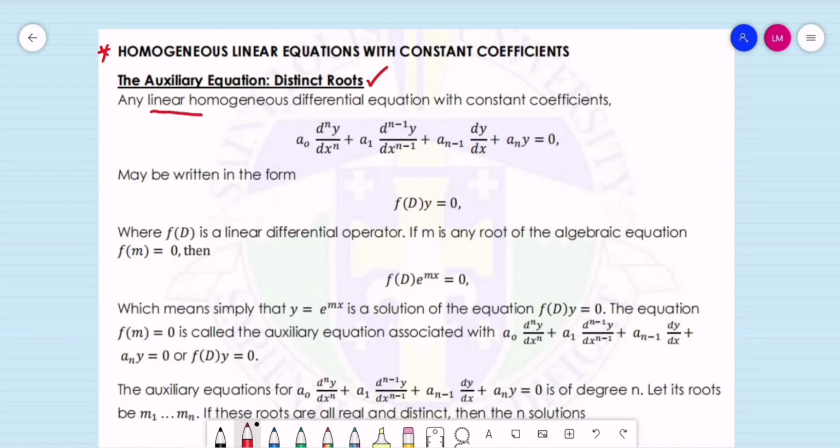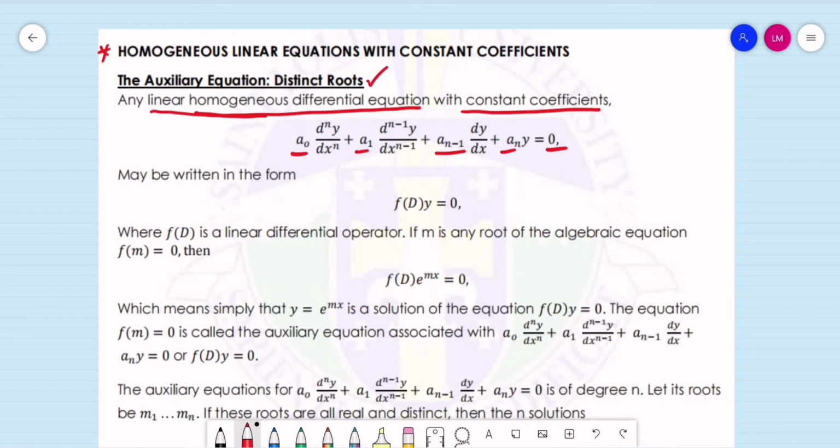So any linear homogeneous differential equation with constant coefficients, so our coefficients are a sub 0, a sub 1, a sub n minus 1 up to a sub n. Then the right side should be equal to 0 for a homogeneous differential equation.